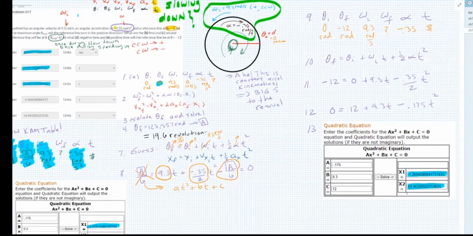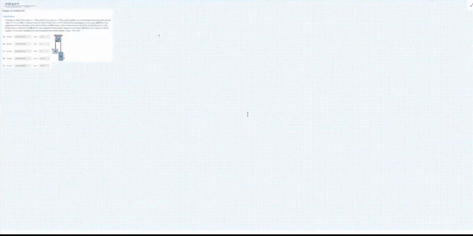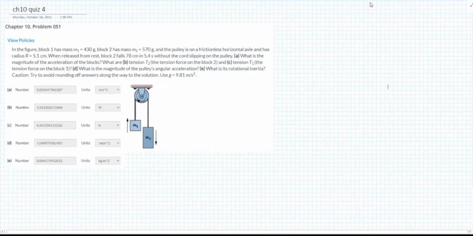Let's go to chapter 10, quiz 4. And now all of a sudden we transition from kinematics to force analysis.